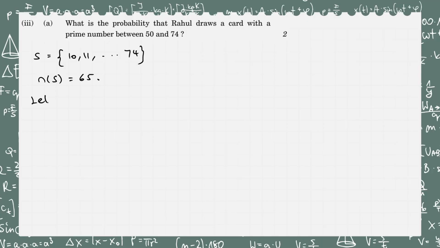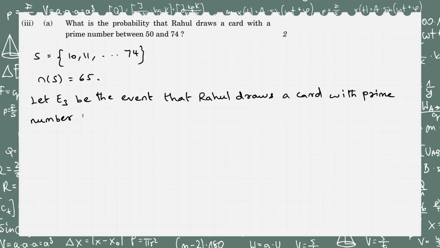Now we are going to define another event, which is E3. Let E3 be the event that Rahul draws a card with a prime number between 50 and 74. So we need to list down all the favorable outcomes for this event.